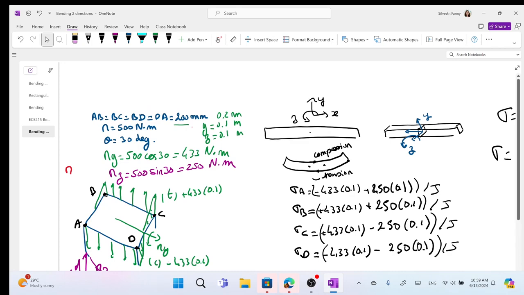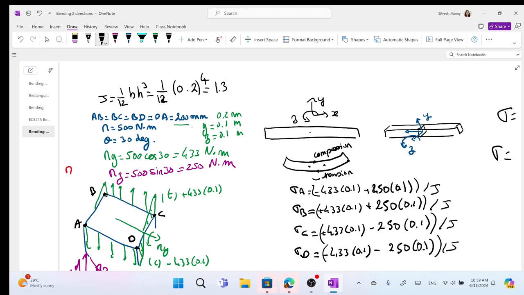We can find J equal 1/12 of b h cubed. It's a square, so 1/12 of the side, which is 0.2, to the fourth. That gives 1.33 times 10 to the minus fourth meter to the fourth, right?